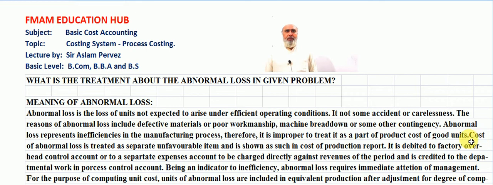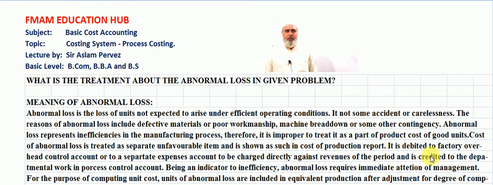Cost of abnormal loss is treated as a separate unfavorable item and is shown as such in the cost of production report.